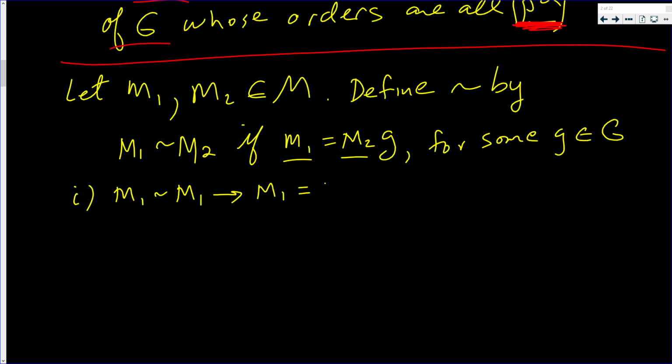Well, M1 is equal to M1 times e, where e is in the group.